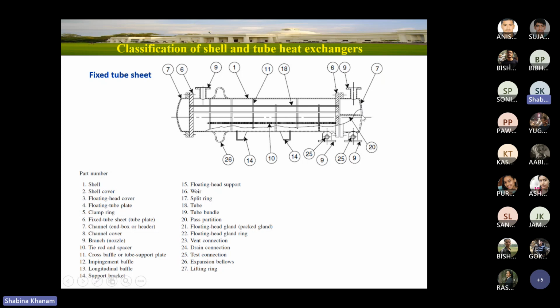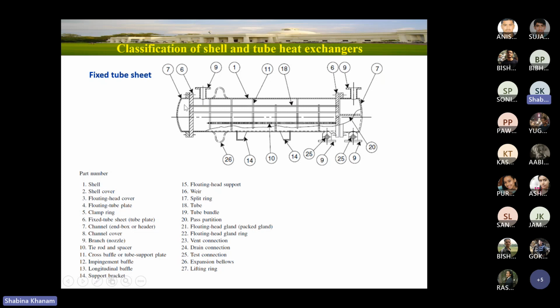Because of this partition plate, fluid is not allowed to move in this direction. It has to enter the tubes which are available in this tube sheet. So fluid enters from this nozzle, enters in this tube sheet and then exits from here.